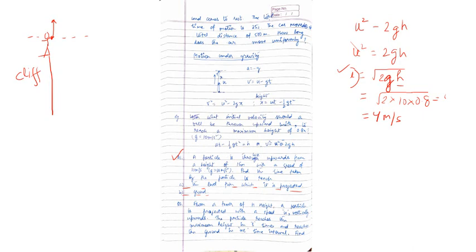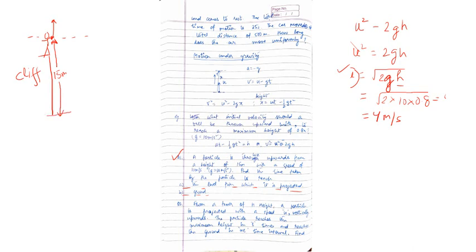That is what I am saying. So let us move on. The point from where the motion is starting, that is, thrown upwards from a height of 15 meters. That means this point from where the ball is being thrown upward is at a height of 15 meters. So this is provided in the question.